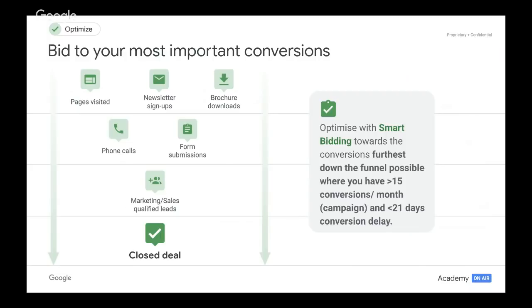You need to balance the conversion that you're going to optimize towards, so it being like a high value conversion or a more important conversion, with some of the basic requirements and recommendations for smart bidding. And they include, especially for target ROAS, the volume of conversion. So for TROAS, you're going to need higher than 15 conversions in the last 30-day period for that individual campaign.